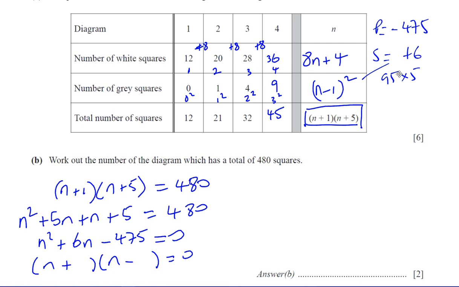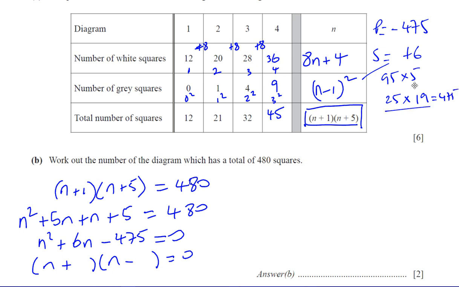So try, for example, 475 divided by 15. That doesn't work. 475 divided by 25, that works. So you see, 25 times 19 gives you 475, and the difference between them is 6.